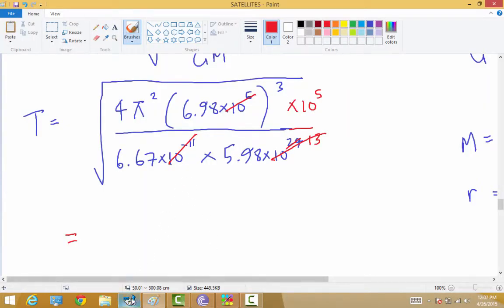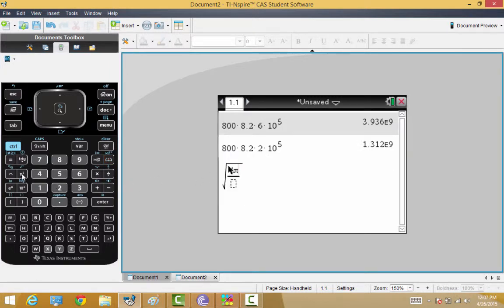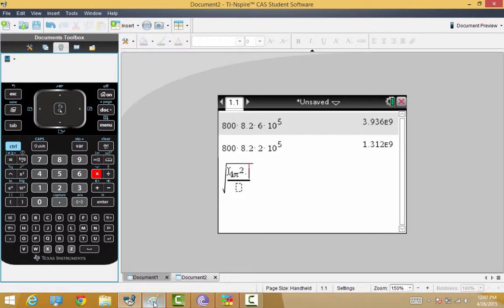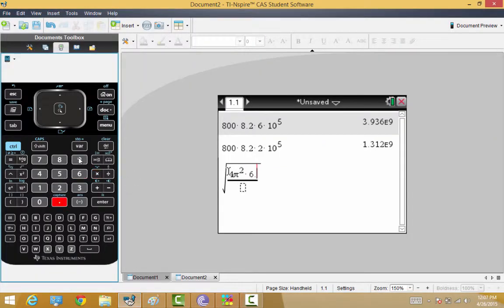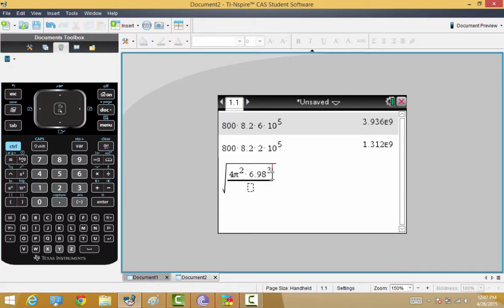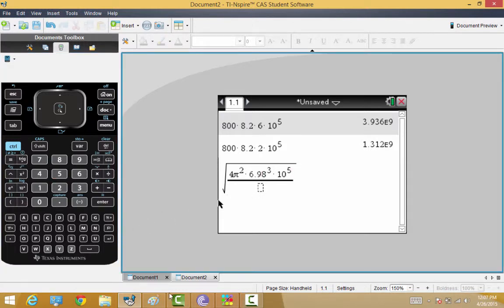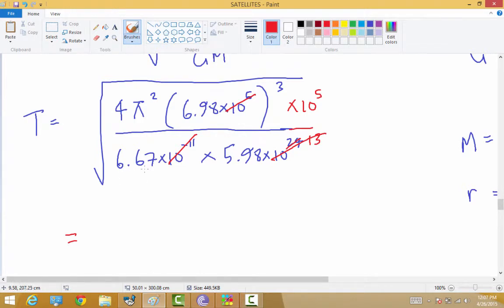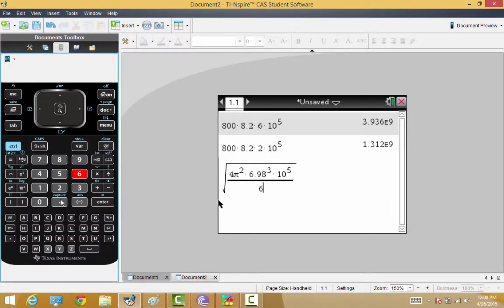We have 4 pi squared times 6.98 raised to the power 3 times 10 to the power 5, over 6.67 times 5.98. You just have to watch out how you enter that.